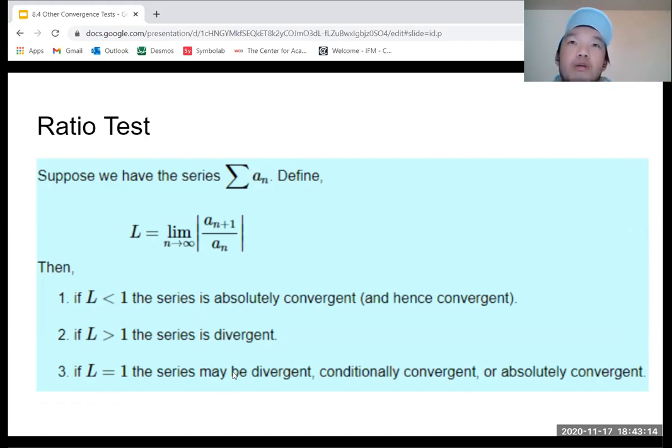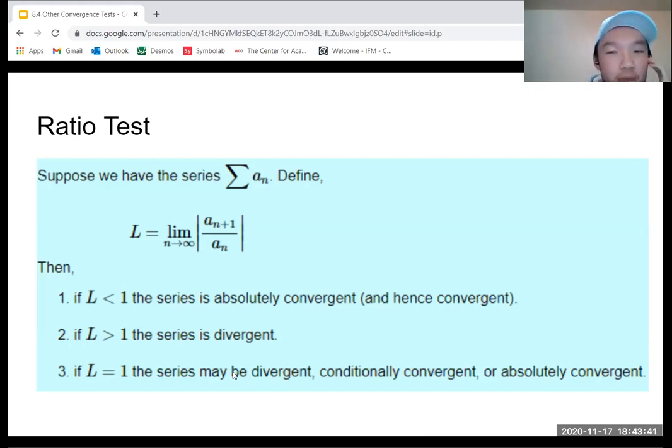You know what? Before we start on examples, let's try to intuitively convince ourselves why this test works the way it does. So we're not going to do a proof or anything, but let's think. Let's say you get the ratio of the next term to the previous term, and it was greater than 1.